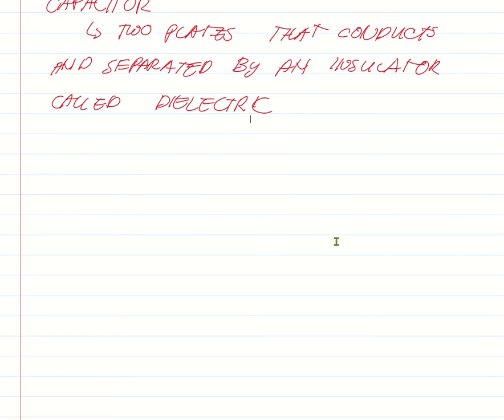So it's just two plates, maybe rectangular or any shape of plates that are parallel with each other and are separated. The space between these two plates is called a dielectric.